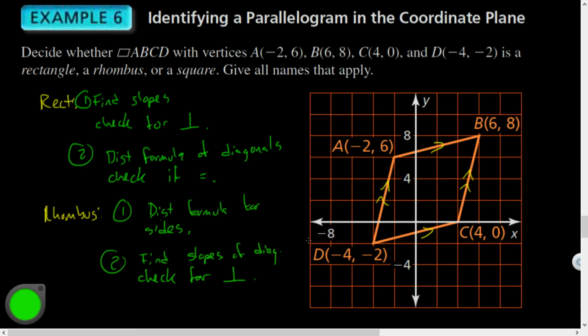Let's see. And how could I check for squareness? It needs to pass both the first 2 tests, right? Yeah. Both tests. Yeah. Here we go.